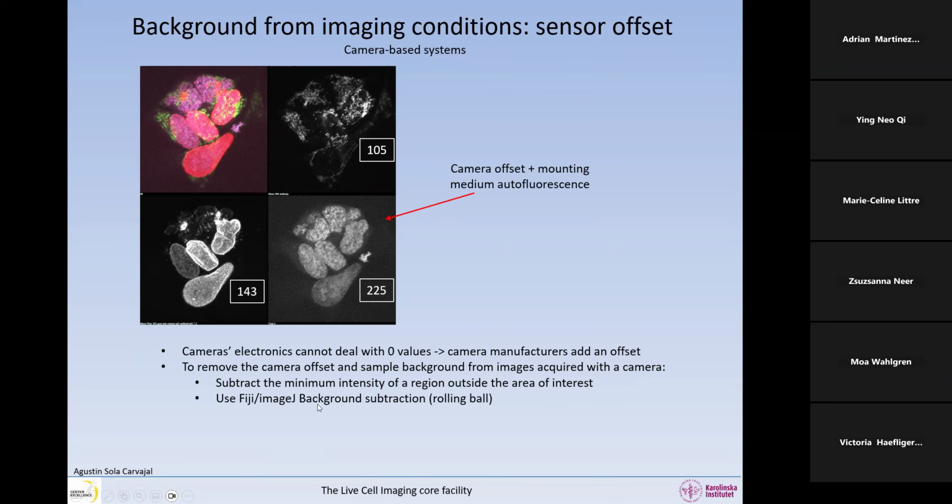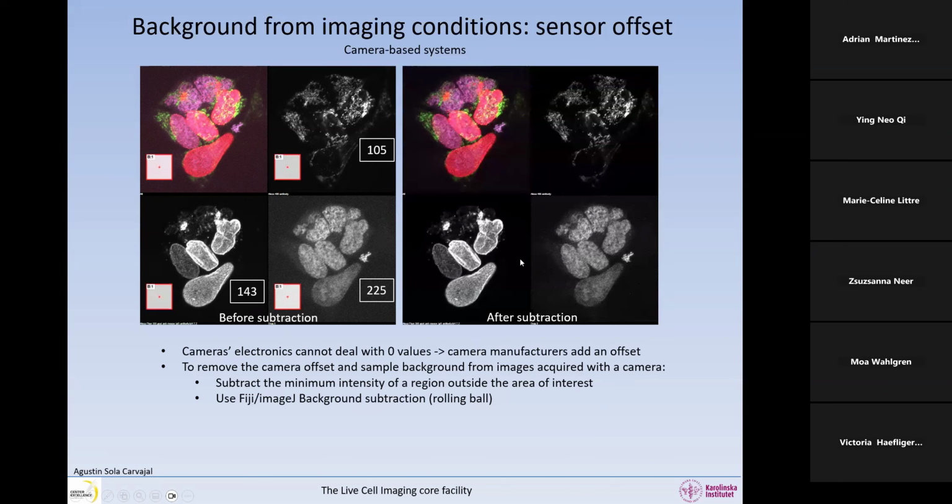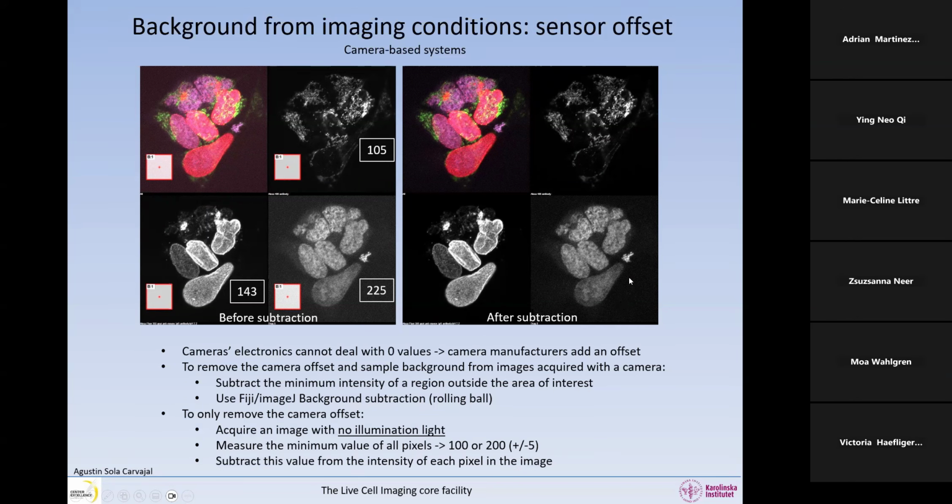In Fiji, you can use the background subtraction, which is a rolling ball algorithm to remove and make this background a little bit darker. Okay, so this is all totally accepted. Of course, if you do some manipulations like this, you must describe it in the materials and methods. But you can see in here after subtraction that we have a much more contrasted image where the background is darker. So this can be fixed after acquisition.